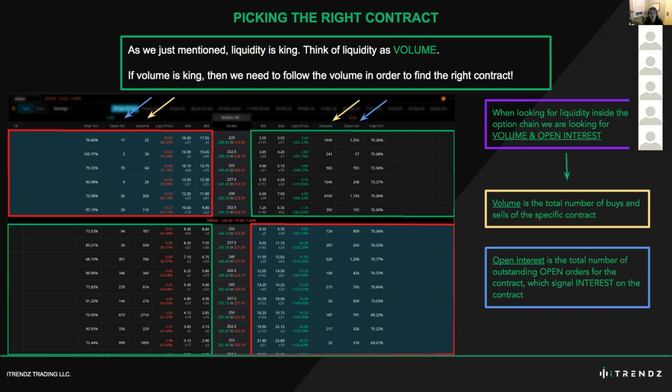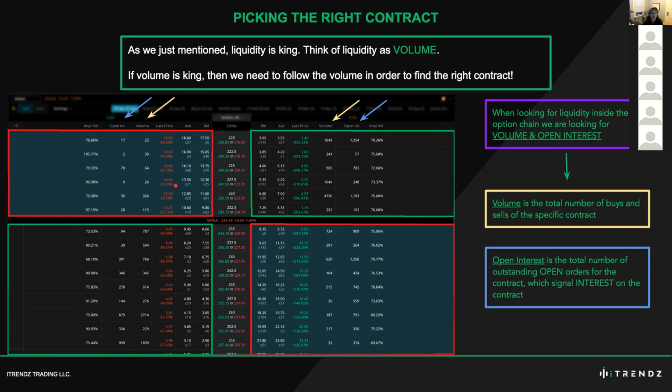So with that being said, we want to stay closer to the money when we're trading options, as a relative statement, closer to the money in the options chain. If we look here, this is the call side on the left, and this is the put side on the right. The red is technically in the money. In the money on the call side is any strike below the stock price.